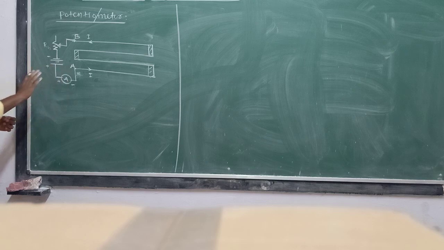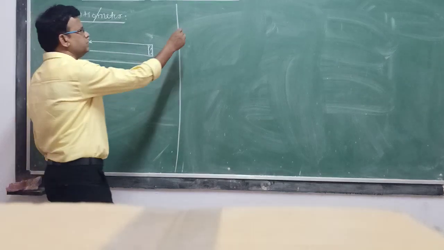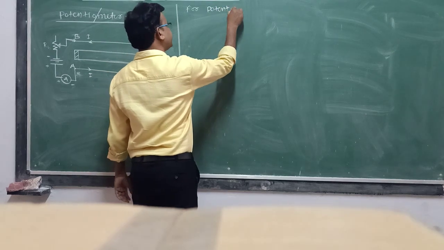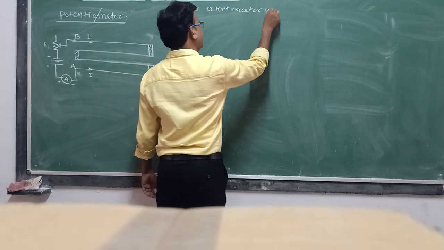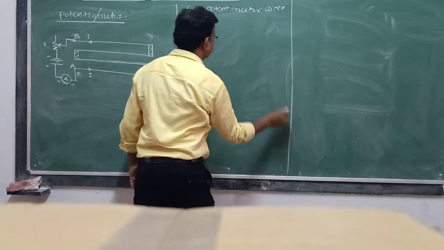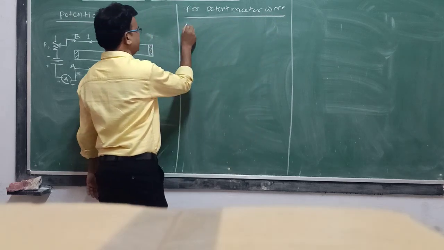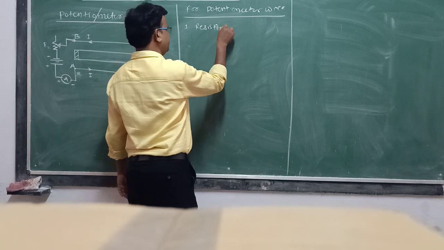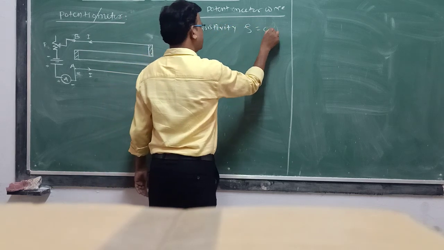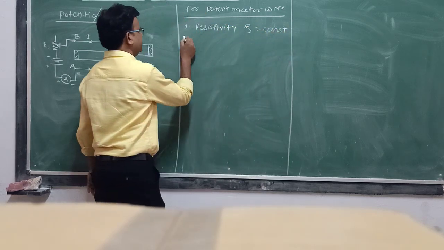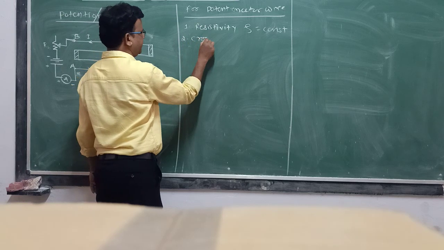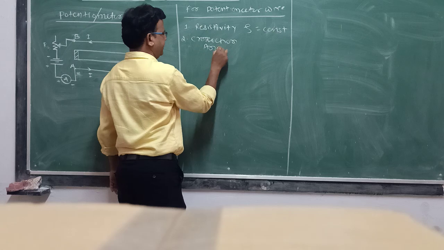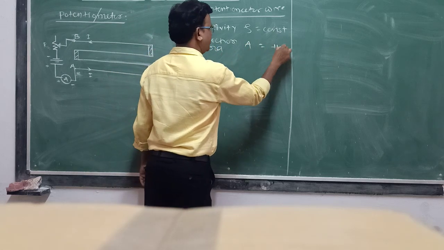So for the potentiometer wire, number 1, resistivity rho is constant. Second, the cross section area of the wire is also constant.